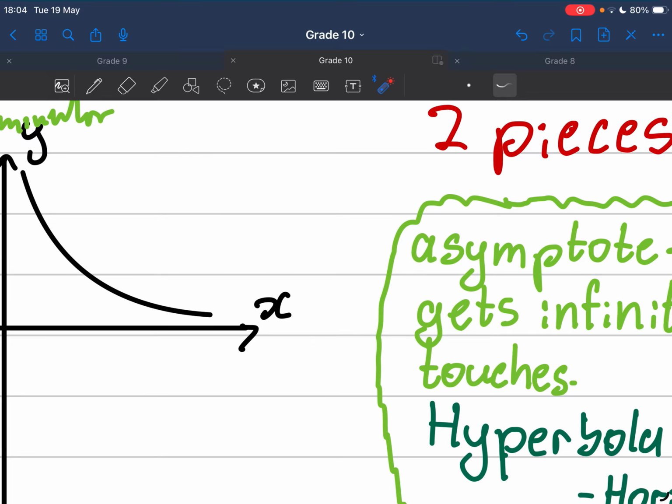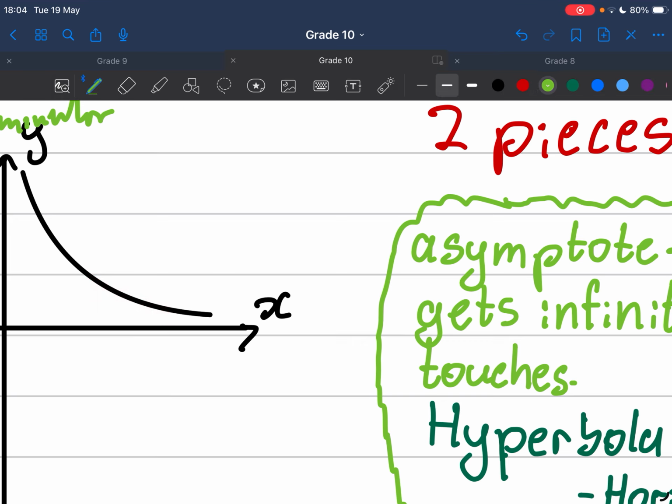Now how does that work? Suppose the distance from here to here is 1 unit. The distance from here to here could have been half a unit, this could have been a quarter of a unit, this could have been an eighth of a unit.